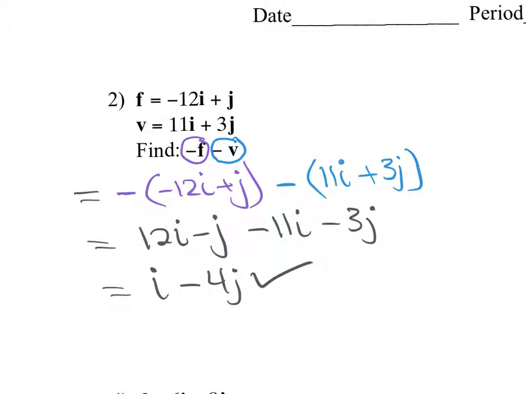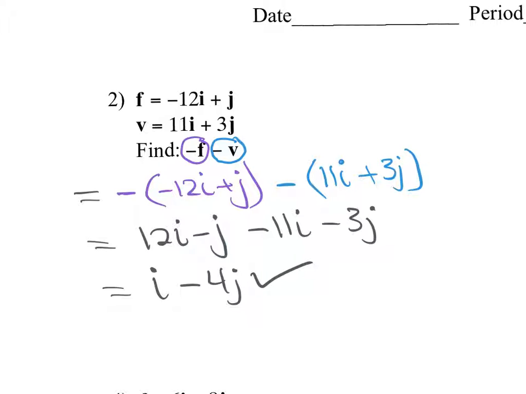Well, the negative in front of vector F changes the sign, so that becomes +12i minus j, and then the negative in the middle changes the sign of vector V, so that becomes -11i minus 3j.